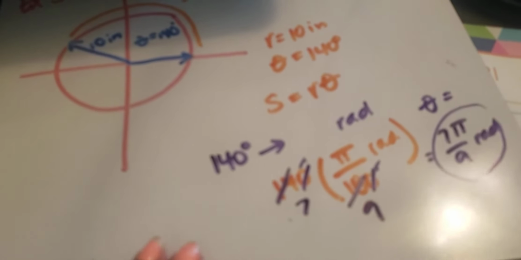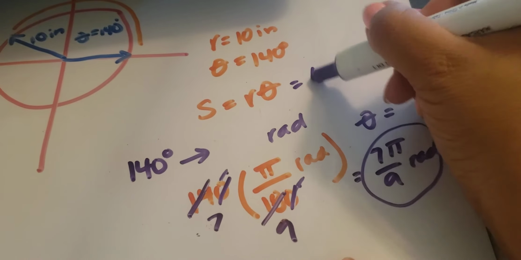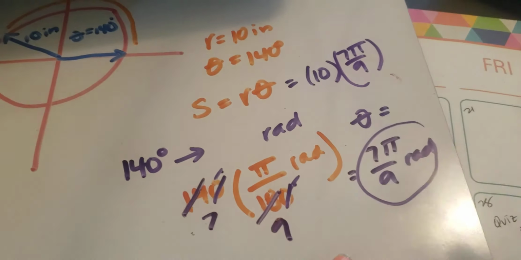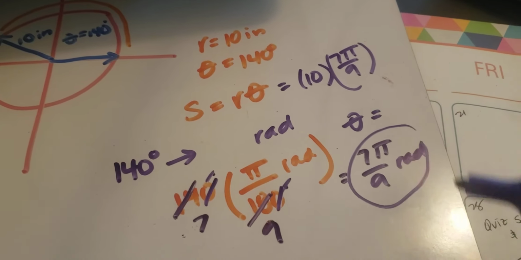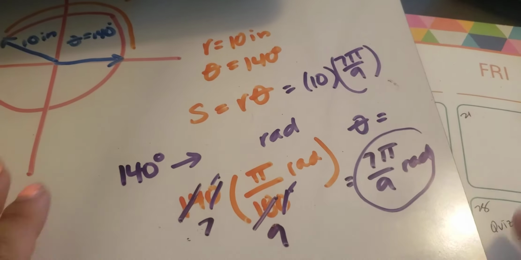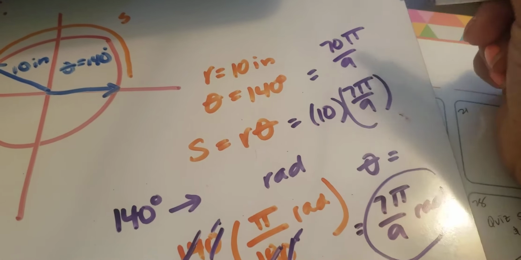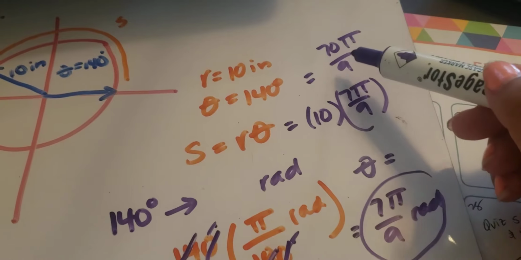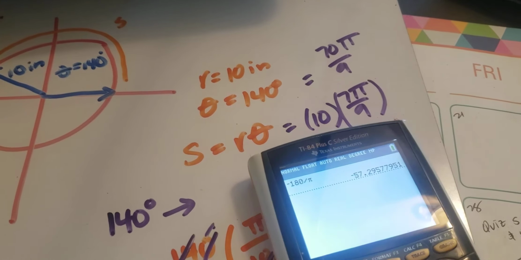Now that I have everything that I need, I can put it back in the formula. Remember, my radius is 10 and my new theta is 7 pi over 9. We could multiply this without a calculator. I'm running out of room, so I'm just going to go up. I apologize. So 70 pi over 9. Because we're finding an arc length, I'm going to go ahead and simplify this using a calculator.